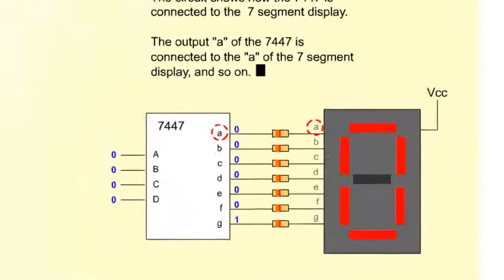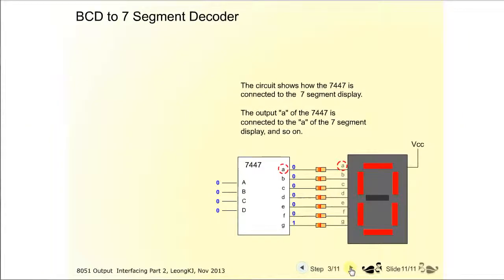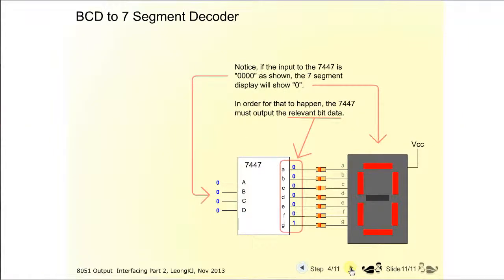The A output pin is connected to the A segment of the 7-segment display, the B to the B segment, and so on. If the input to the decoder is 0000, the 7-segment display will show 0. In order for that to happen, the decoder must output the relevant data.